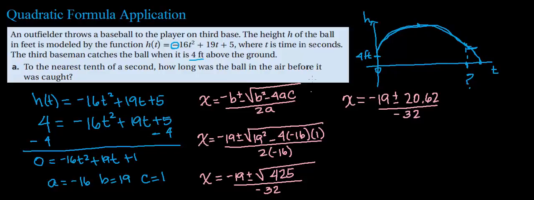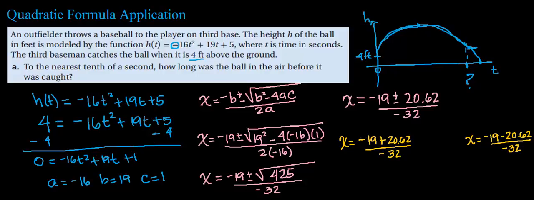Now, be careful here. We're going to have two different t values. We're going to have t equals negative 19 plus 20.62 over negative 32. And we're also going to have t equals negative 19 minus 20.62 over negative 32.